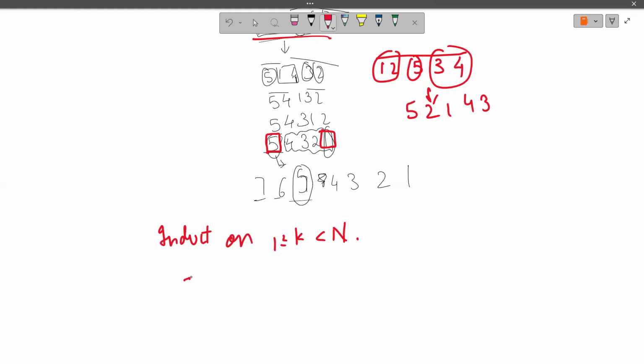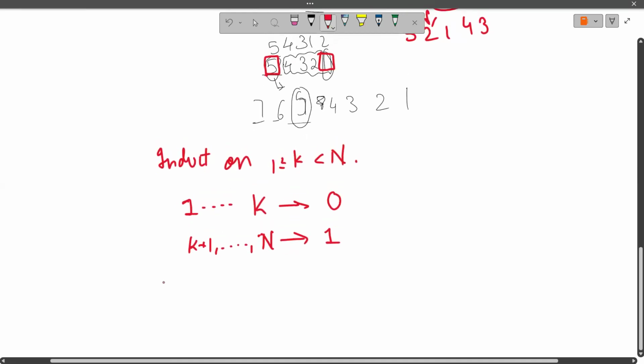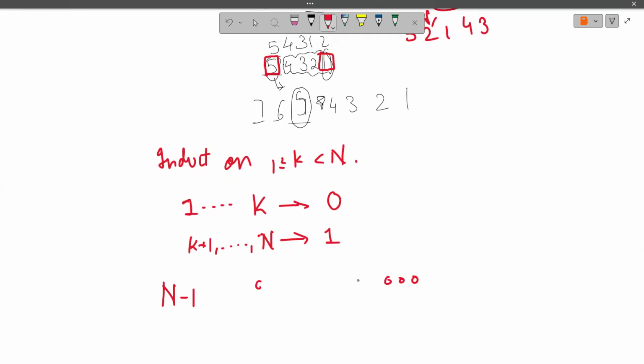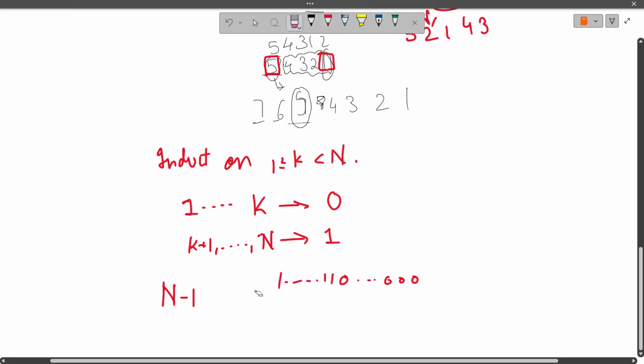Take the numbers from 1 to k and replace all of them with the digit 0. Take the numbers from k plus 1 to n and replace all of these with the number 1. You have to show that after n minus 1 moves, all the zeros will be towards the right and all the ones will be towards the left.